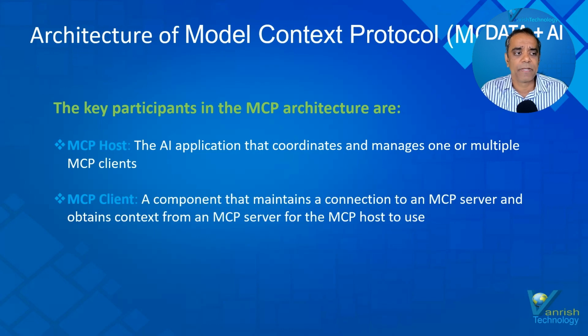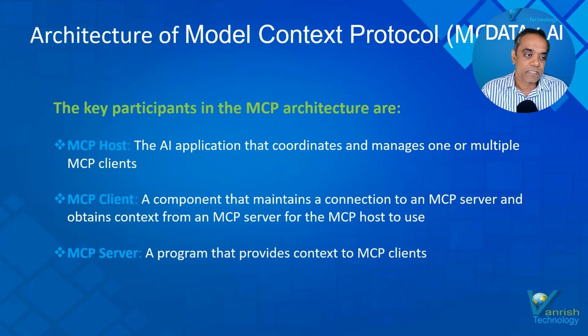The second part is the MCP client, where you write code so that you can communicate with the server. It is a component that maintains a connection to the MCP server and obtains context from the MCP server for the MCP host to use. Here Visual Studio Code instantiates an MCP client object that maintains the connection to your MCP server, which in this scenario is the Sentry MCP server. Then the MCP server is a program that provides the context to the MCP client.